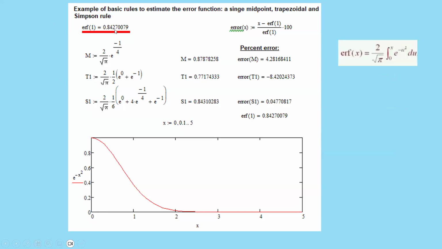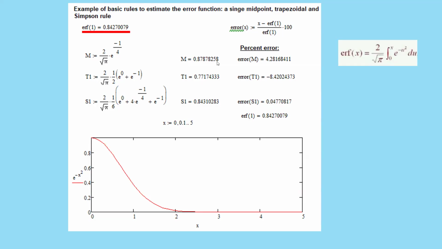Look at these examples. The error function: the value of the error function at point 1 has this value. When we use the single trapezoid, single Simpson and one midpoint method, we find the values of these integrals.